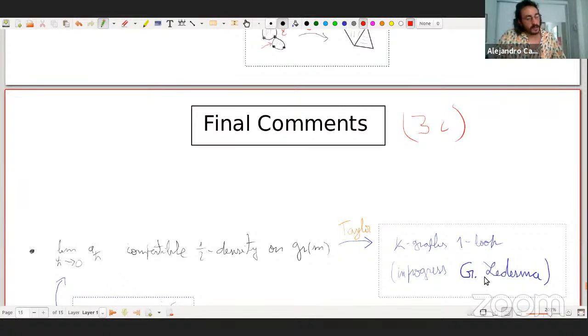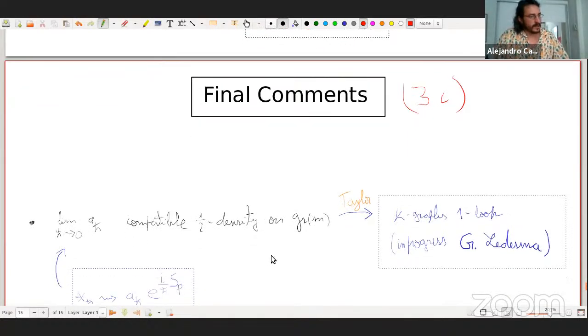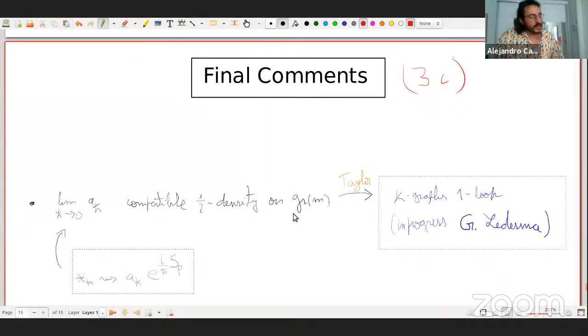A PhD student working with me, Gabriel Ledesma, is working on the following: the Lagrangian given by the graph of multiplication, from the Lie theoretic point of view, can be enhanced with a half density.